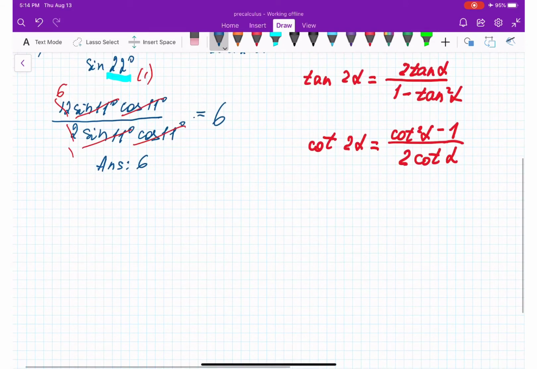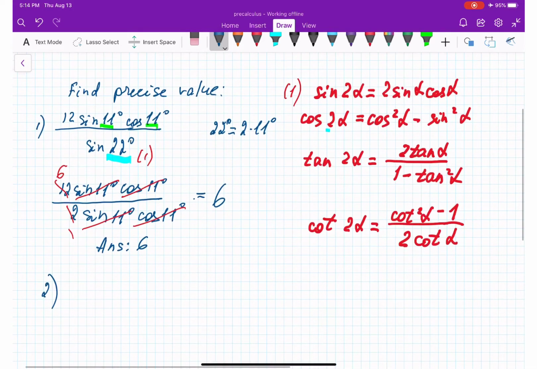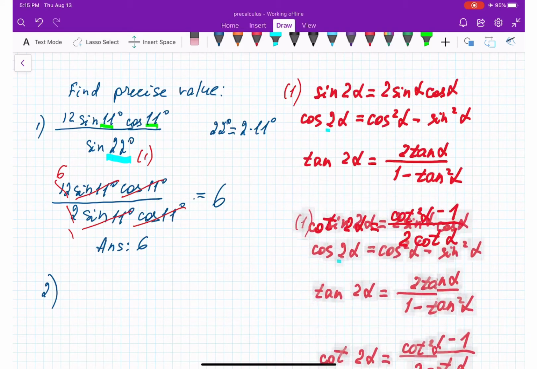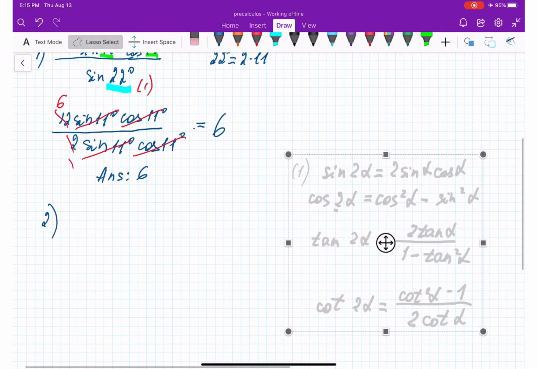Next one, number 2. I'm going to move these formulas down as we move down, so we won't have to scroll up and down.